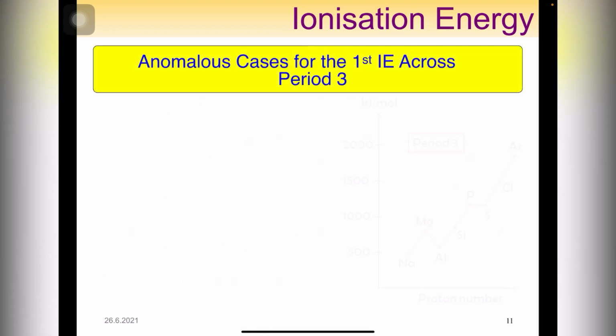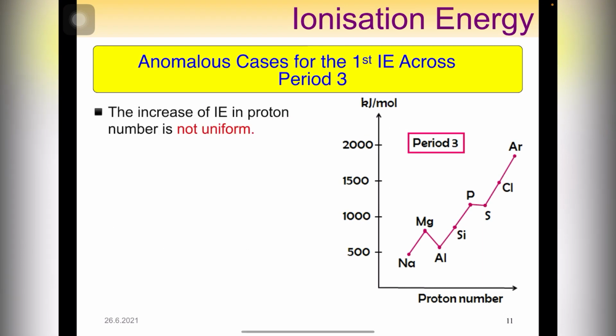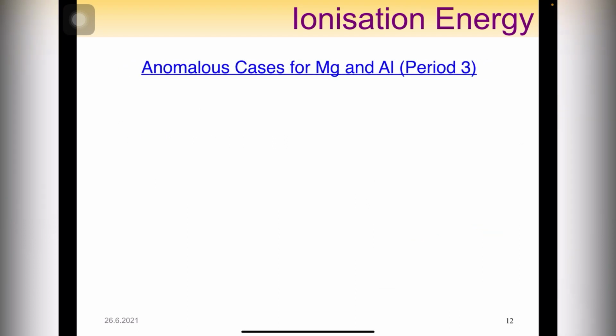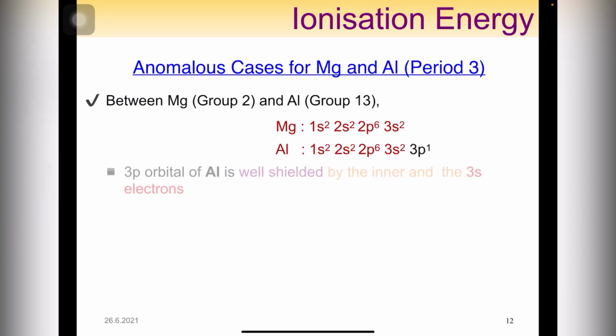Okay, next, let's see the anomalous case for the first ionization energy across period 3. There are also anomalous cases between magnesium and aluminium, and phosphorus and sulfur. Let's see magnesium and aluminium. This is the electronic configuration, same as the elements in period 2.